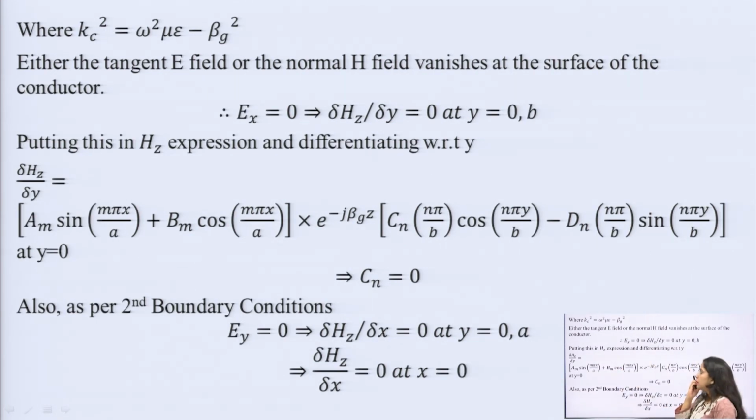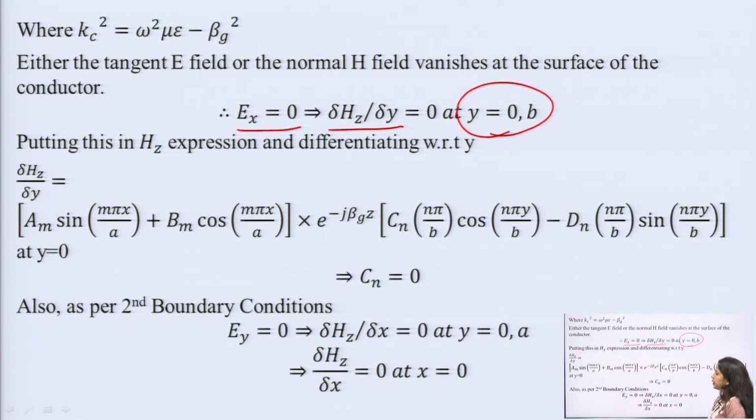Now we are going to apply the boundary condition for getting the value of Hz. We know that the tangential E field or the normal H field vanishes at the surface of the conductor. So, we have the boundary conditions Ex equal to 0 and del Hz upon del y equal to 0 at y equal to 0 and b.